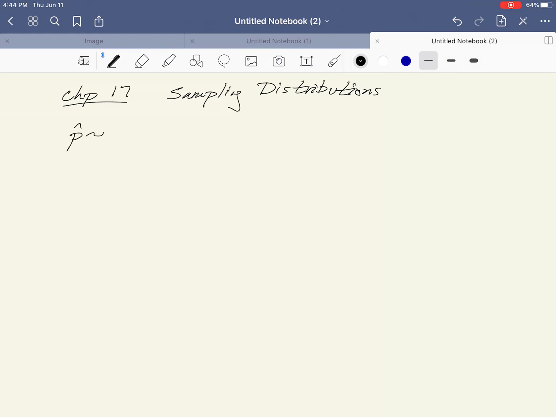So we said for p-hat, this was part 1 of chapter 17, that p-hat would be normally distributed, where whenever you were asked what the mean is, the mean would be that p, where p, remember, is the population truth, the population percent or parameter for what is known. And then for the standard deviation, we have the square root of p times q over n.